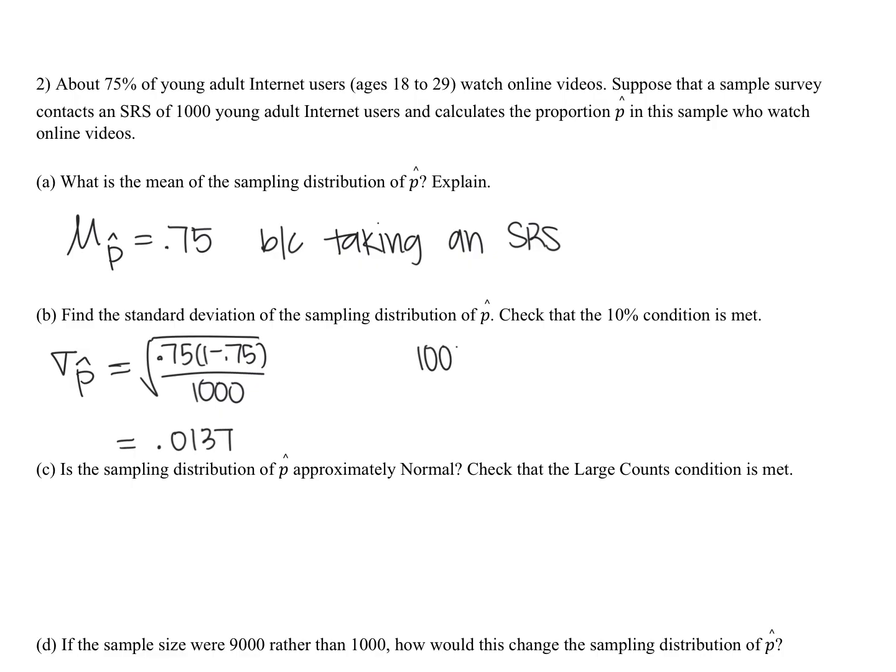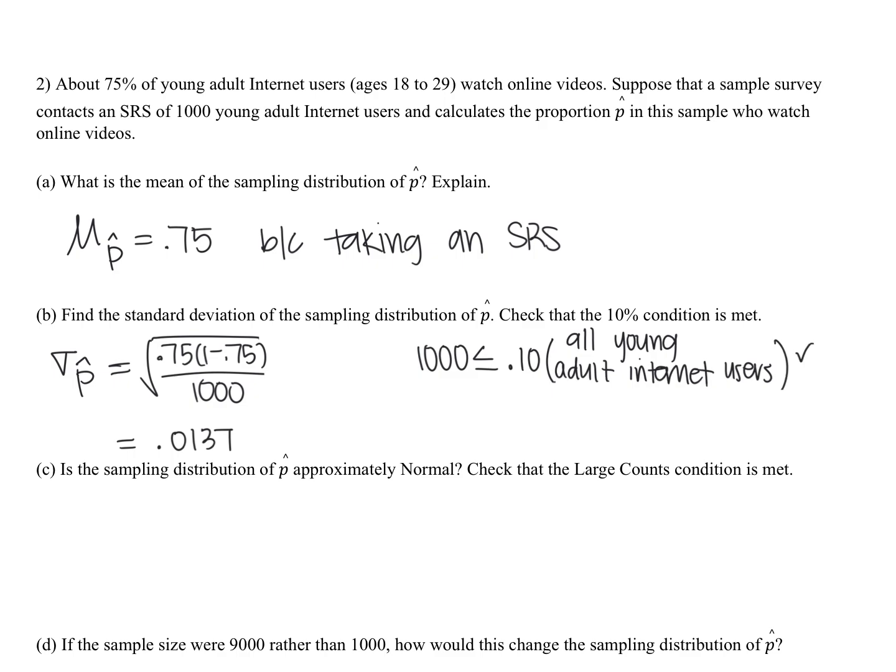So 1,000 has to be less than or equal to 10% of all young adult internet users. And again, I don't have to know what that population size is, but I do know that it is going to be greater than 10,000.